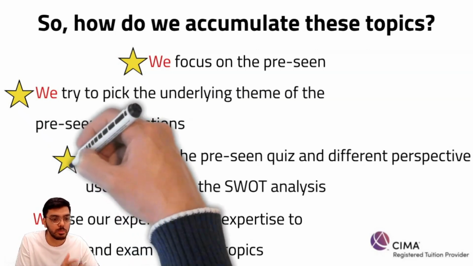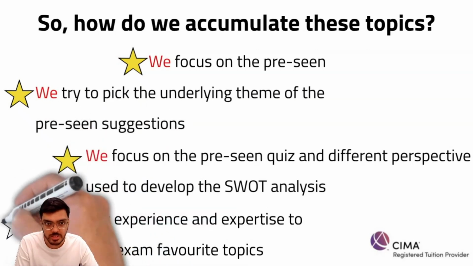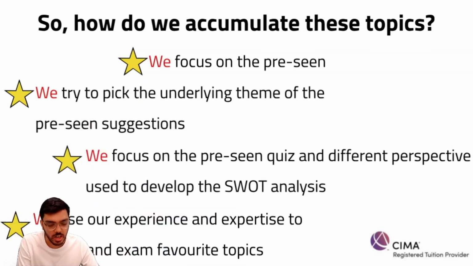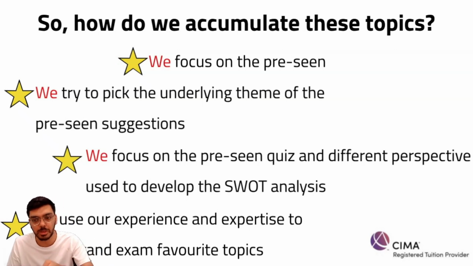The entire pre-seen analysis that is done by us is very detailed, and when we go through the pre-seen as tutors with the years of experience that we have, we try to find out the problems with the company, the areas that can be asked in the exam. We overlap them with the E3, P3 and F3 syllabus, and we try to pick out the underlying theme. That helps us develop important areas or important questions that can come up in the exam.